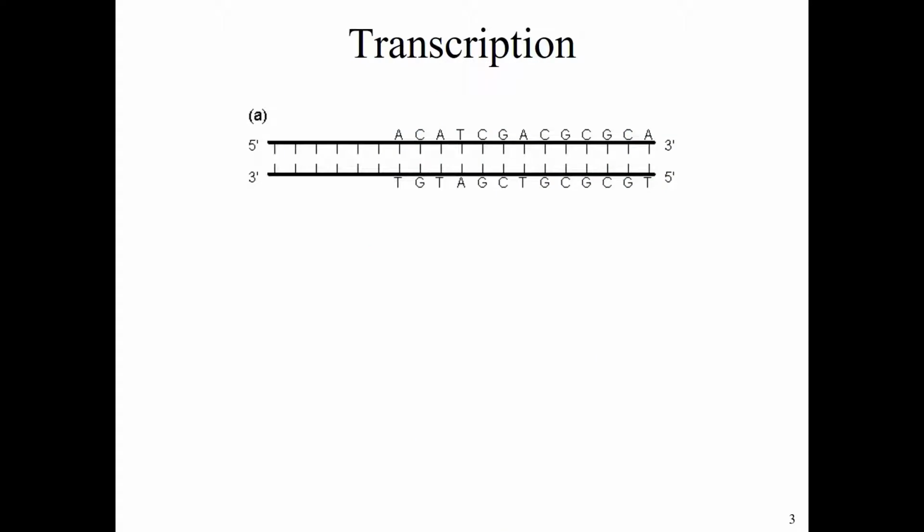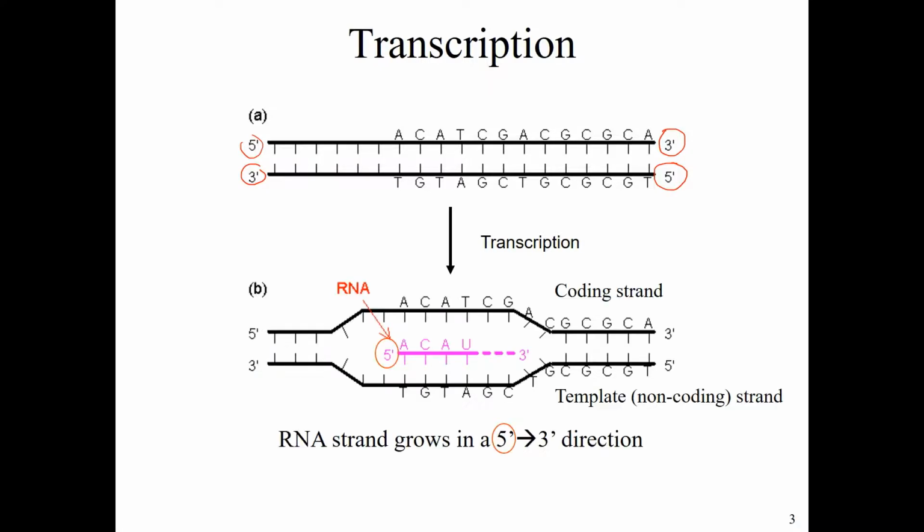Here we see a double-stranded DNA. This is the 5' end of the DNA, and this is the 3' end of the DNA. This is one strand. Another strand runs from 3' to 5'. They are anti-parallel, double-stranded. This DNA molecule undergoes transcription.